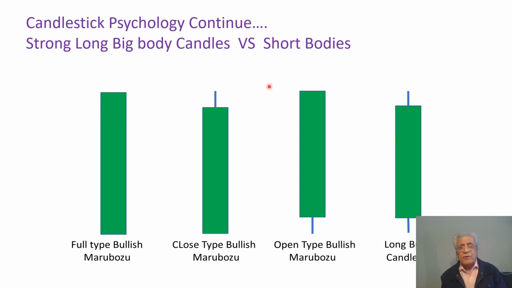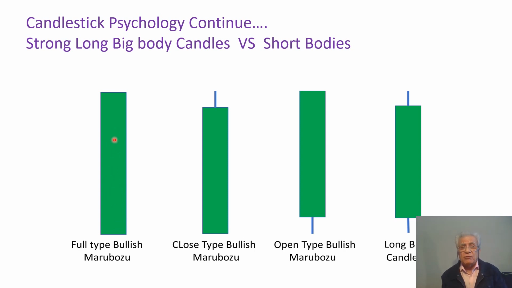In this graph, we see four big bullish candles. They're very strong, and we see them usually in our price trend. Long bullish candles, indicated with the green color, have a strong body, big uptrend momentum.